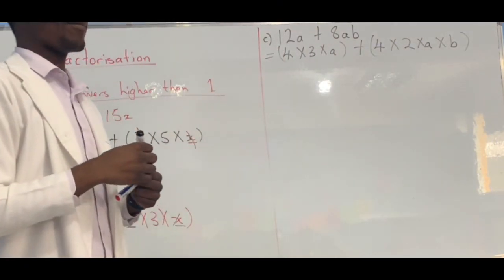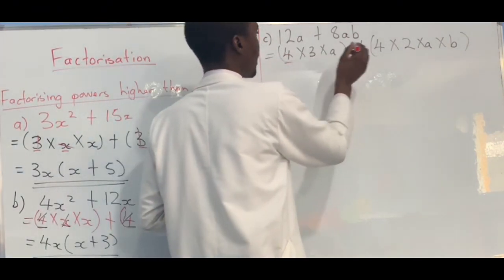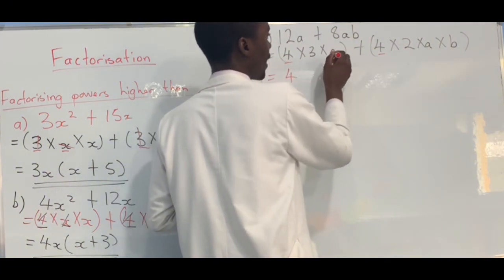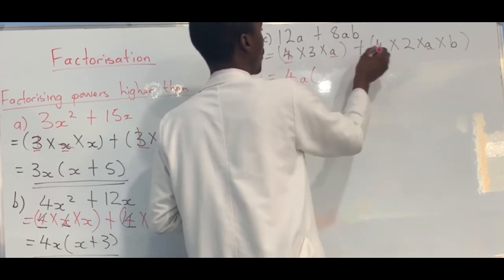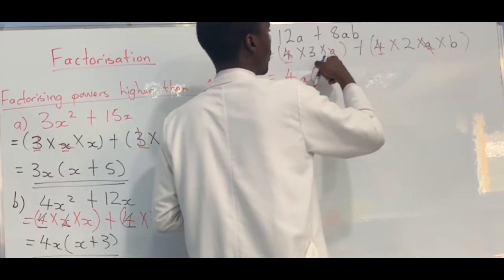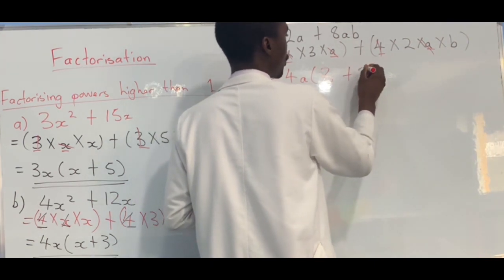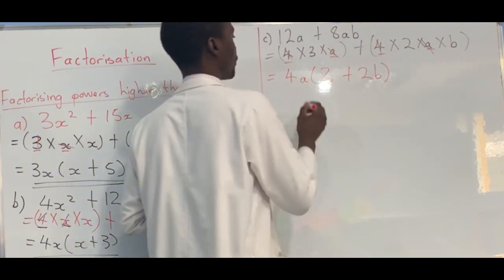In my mind's eye, I can almost see what's happening here. There's a common factor 4 there, so the answer is going to be 4. There's an a here and an a there. We write it as another common factor. No more common factors, so the remaining factors will be 3 plus 2 multiplied by b, which is 2b.